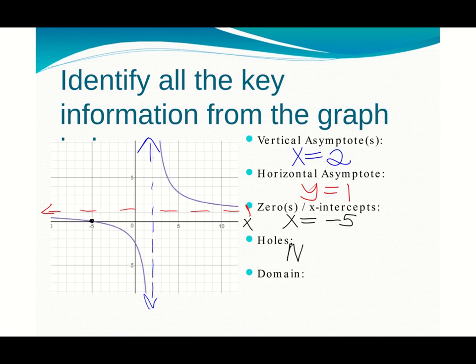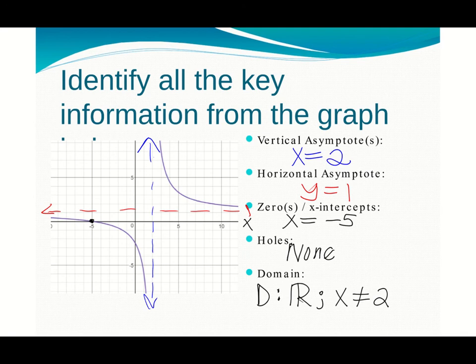So holes, we have none for this graph. So our domain, we always want to look at our vertical asymptote. And our vertical asymptote's at x equals 2, which means our x-axis has no points at 2. So our domain is going to be all real numbers, except x cannot equal 2, because we have that vertical asymptote or that boundary there.